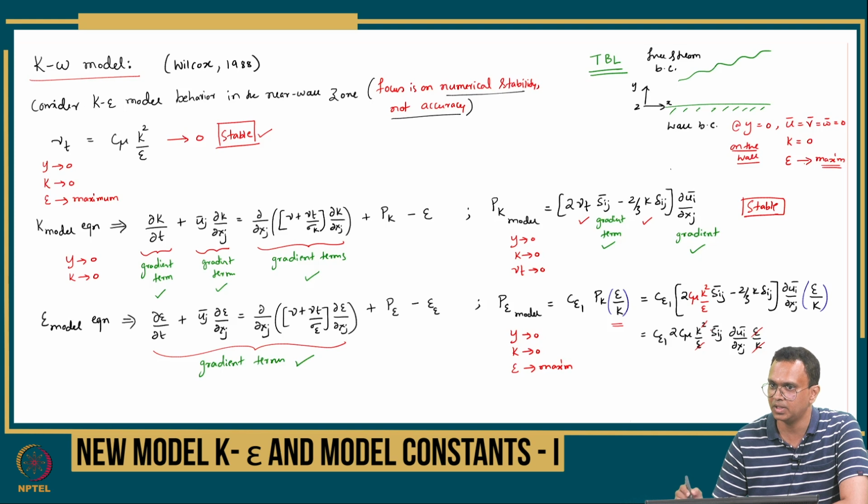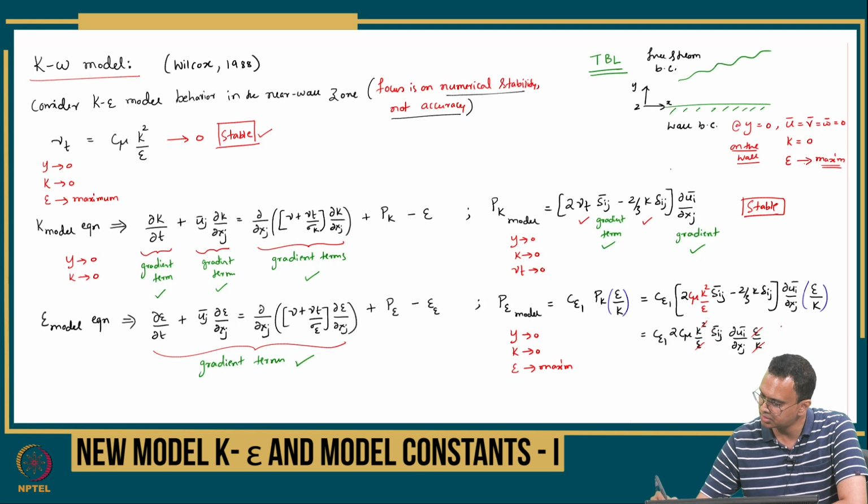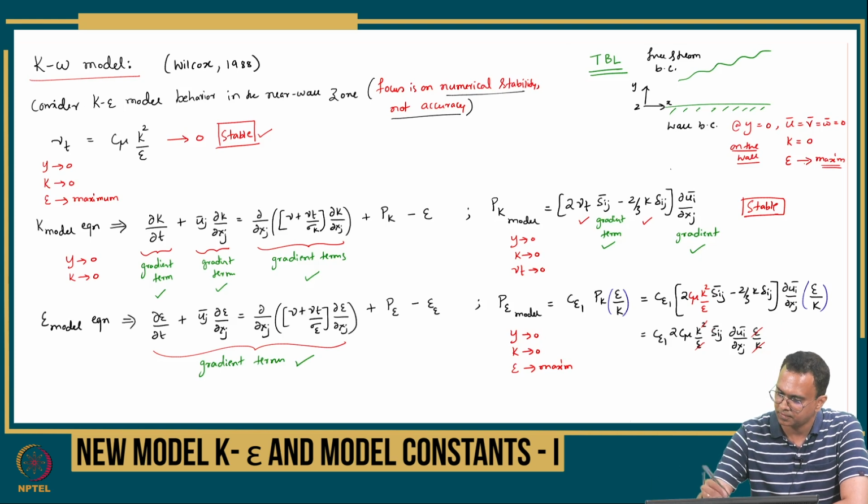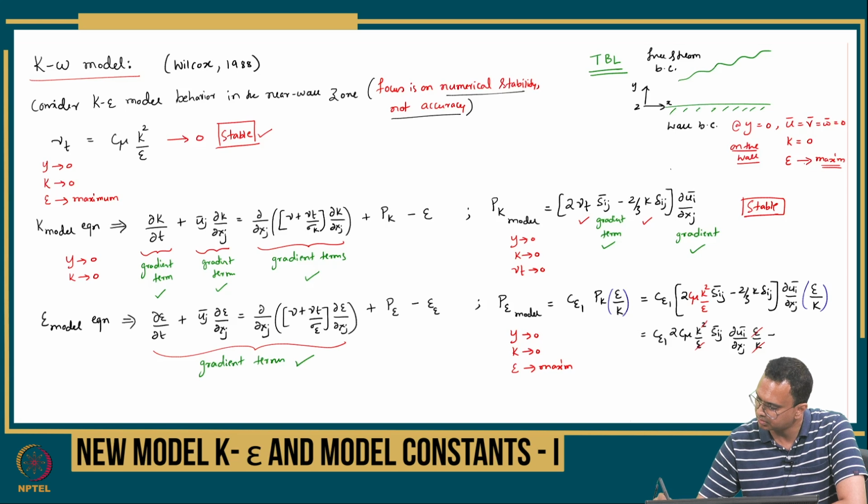So you have to be careful when you try to implement the code. And then you have the other term, which is minus Cε1 2/3 k δij ∂ūi/∂xj ε by k.